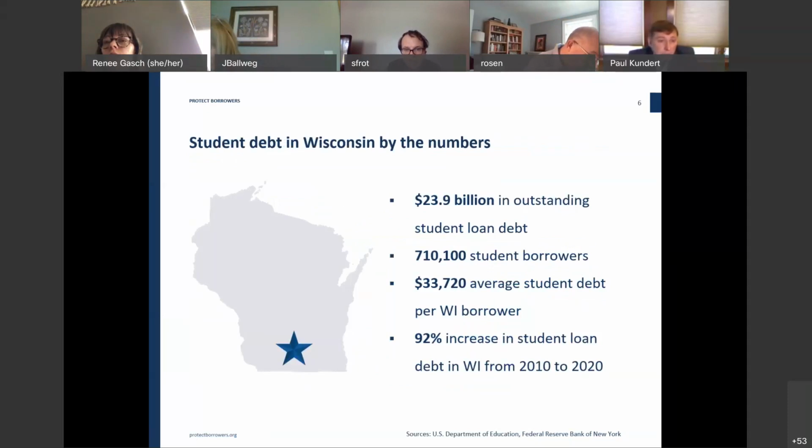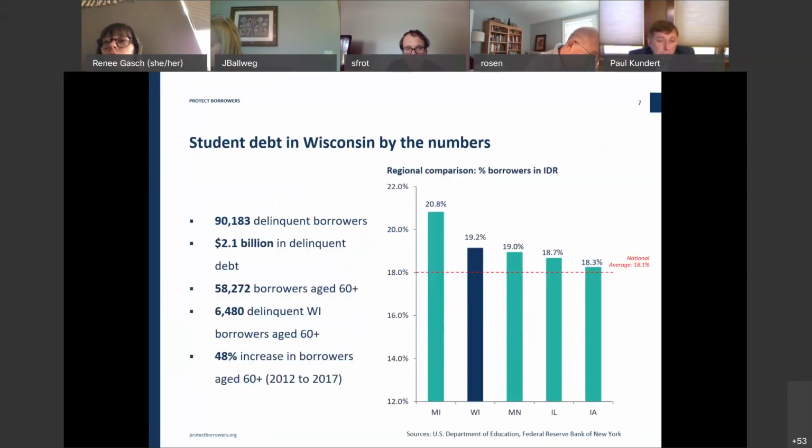So I don't think that I necessarily have much to add on the Wisconsin specific stuff from Professor Hillman, but I did want to flag some of the numbers that we dug up from the Federal Reserve, which shows the number of borrowers in the state of Wisconsin who are above the age of 60. There's now over 58,000 borrowers over the age of 60 in the state of Wisconsin, nearly a 50% increase over just 5 years.